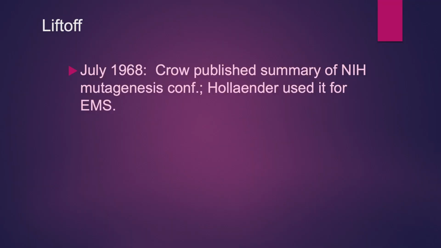Let me give you a few details about our takeoff. In 1968, James Crow published a summary of that 1966 NIH conference on mutagenesis. The report made 4 recommendations, and Hollaender adopted 3 of them as the founding basis for our society. I'll get to those in just a second.